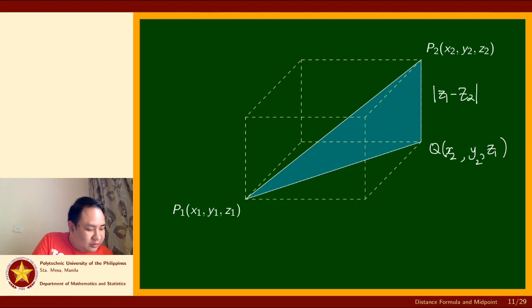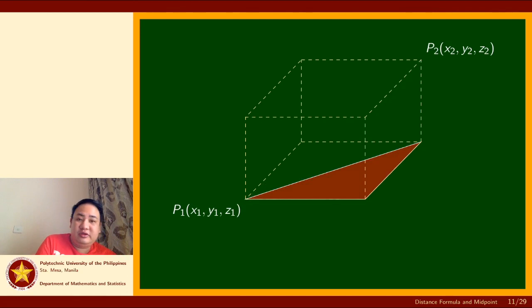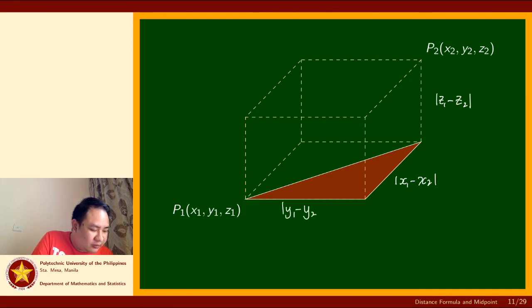Now, how do we get the length of this line segment? In order to do that, we shall consider this right triangle next. So at this point, you know that this is already z1 minus z2. Similarly, this should be the difference between their x coordinates, and this should be the difference between their y coordinates. By Pythagorean theorem, this is Q, right?